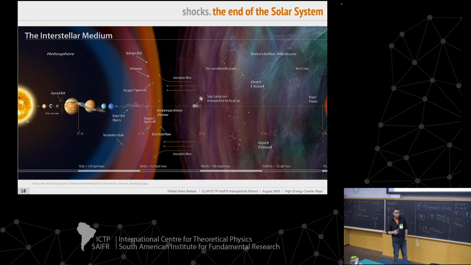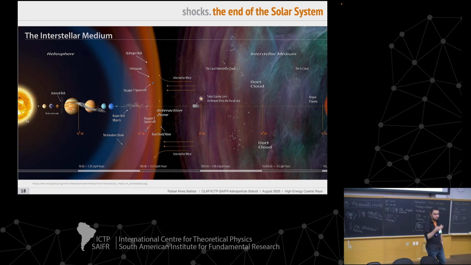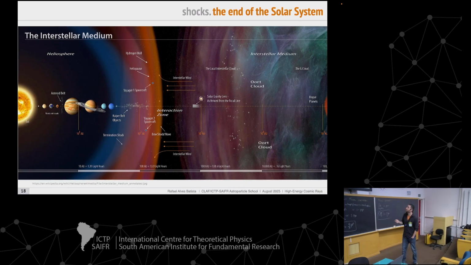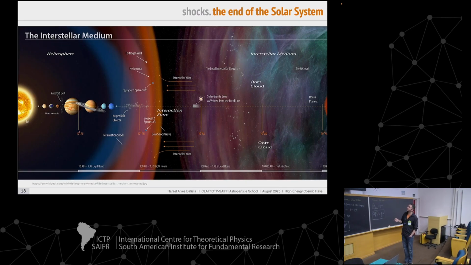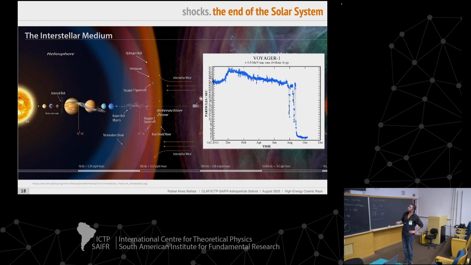And just for the record, around stars we also have shocks. This has nothing to do with high energy cosmic rays, but just to build an intuition of what happens in terms of shock. The sun has, let's say, a zone of reach, which is related to its shock. And the Voyager spacecraft left the solar system. But how do we know it left the solar system?